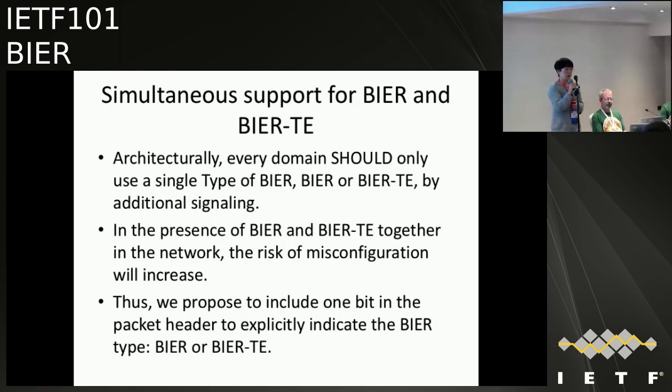This we propose, sorry, I think there was a typo. I think this meant subdomain. Subdomain. Yeah, of course. Sorry. This we propose to include one bit in the packet header to explicitly indicate the type, BIER or BIER-TE. So, question? Cisco. I don't think we want to include a bit in the header, because it's the outer BIFT ID that will indicate what table you want to look at. It can be a BIER table or a BIER-TE table. Yeah, we discussed, I don't think a bit is necessary.